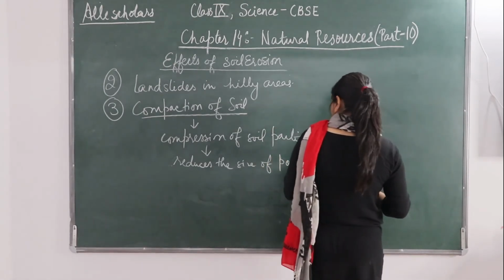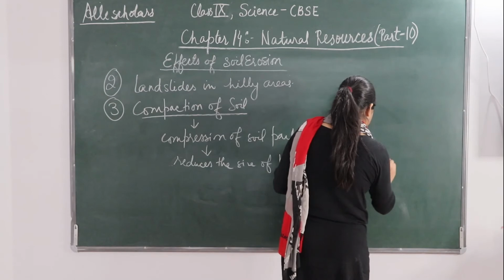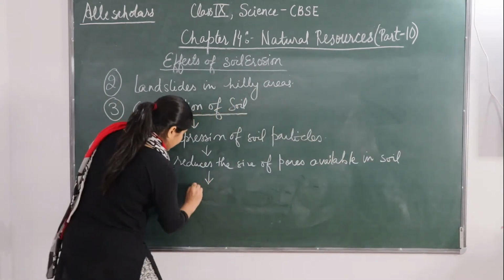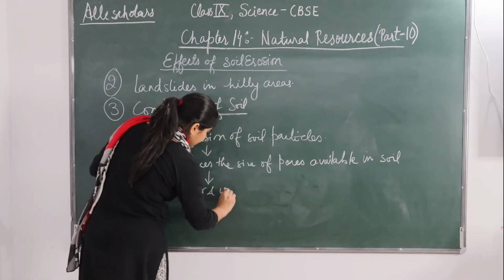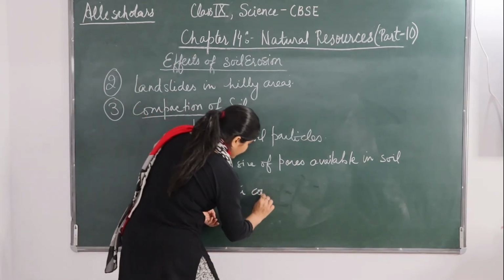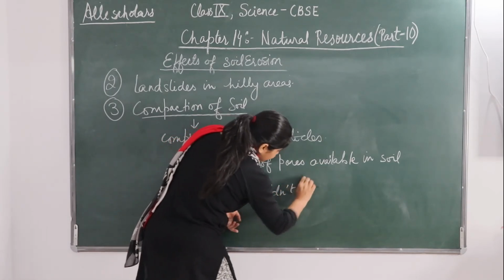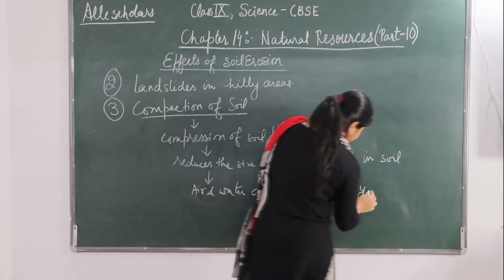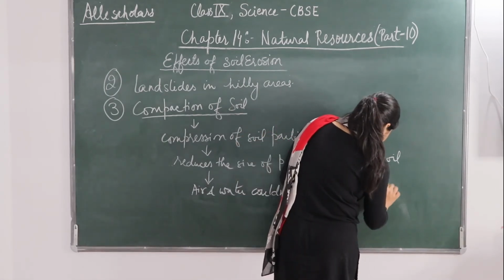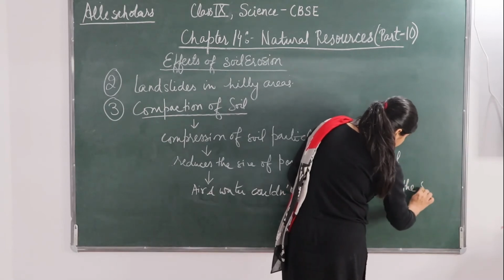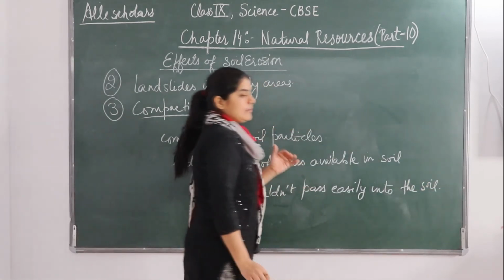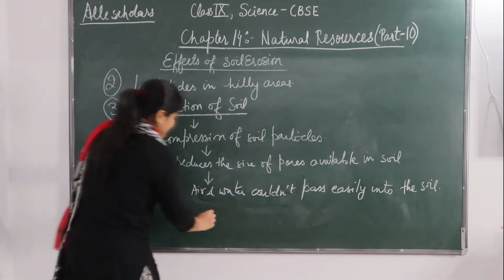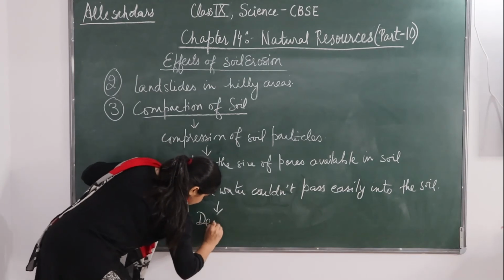So it reduces the size of pores available in soil, and because of this what is going to happen, air and water could not pass easily into the soil. अब जब air और water soil में easily नहीं pass कर पाएंगे, it is going to decrease the crop production.